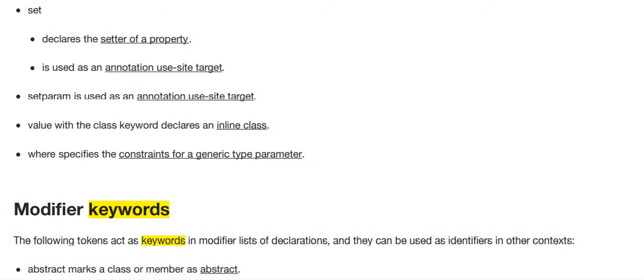Value with the class keyword declares an inline class, and where specifies the constraints. So we have modifier keywords in the modifier list of a declaration, as they can be used as identifiers in other contexts. Abstract makes a class or member abstract.